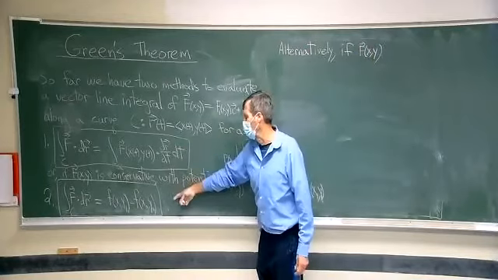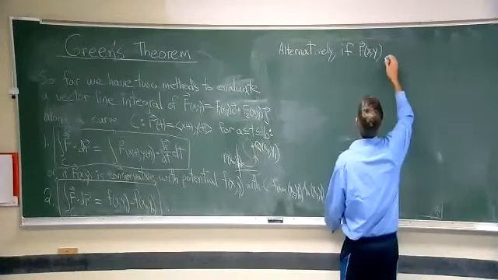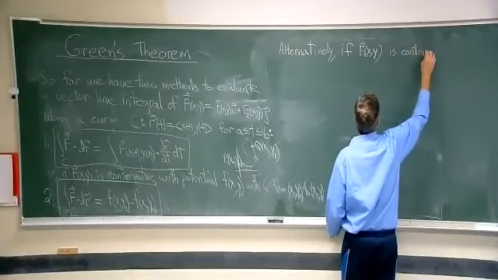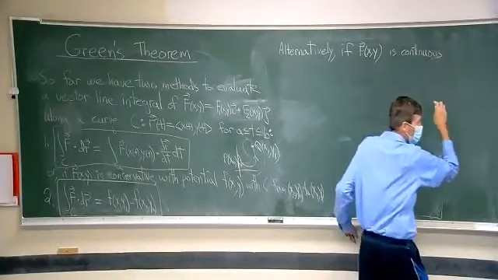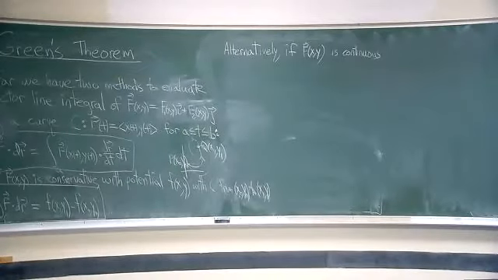I left out the hypotheses of these two theorems here, some of them. If F of x, y is continuous, which we've been assuming in the other ones too. Am I going off the end here? Maybe a little. Okay.